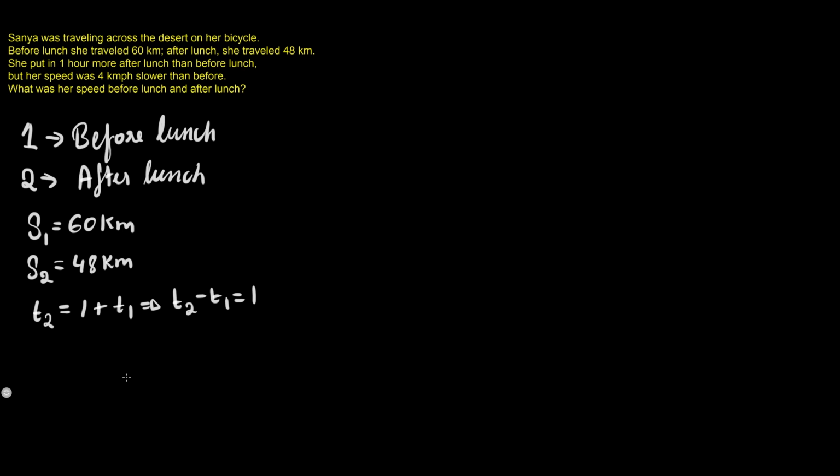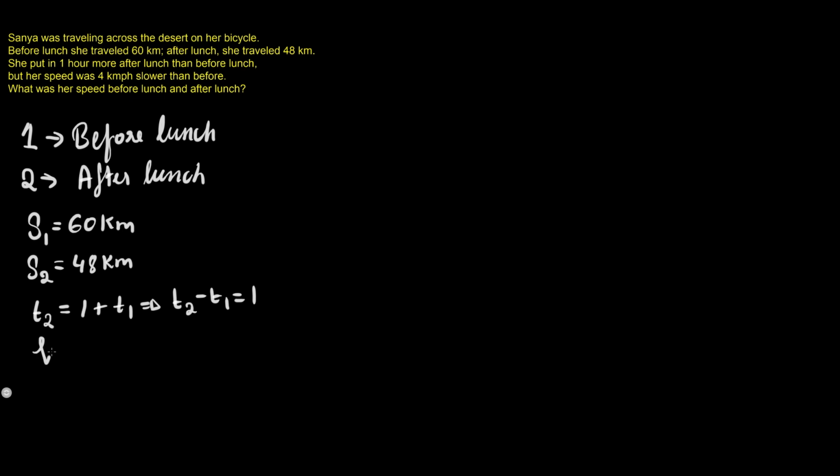You might think my explanation is not really accurate or understandable right now. Please read the sentence and make use of it and try getting the same thing with your own explanation. Good. Now, what do we see? Her speed was 4 kilometers per hour slower than before.